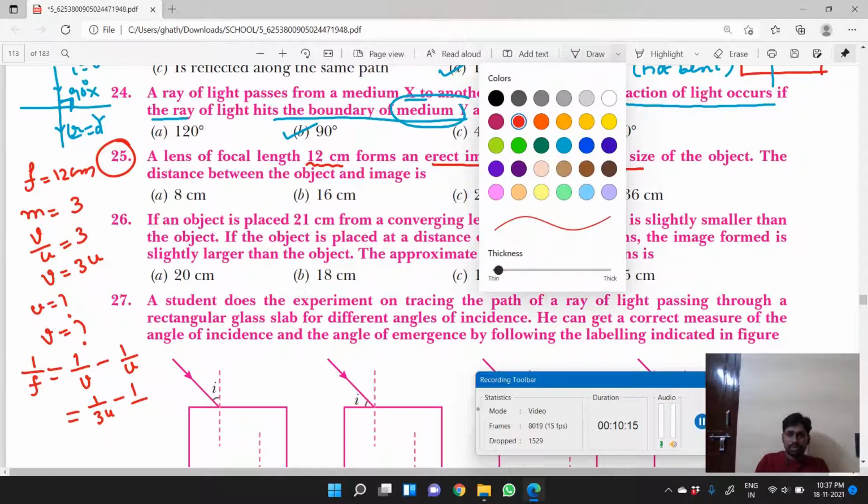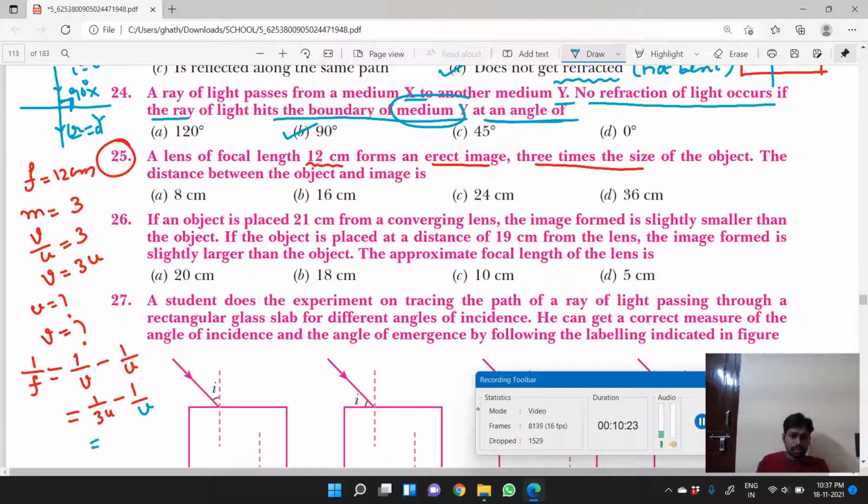So here we go with the LCM, which in this case is 3u. 3u in 3u is 1 time, and u in 3u is 3 times, with minus sign. The answer is minus 2 by 3u, which is equal to 1 by 12.